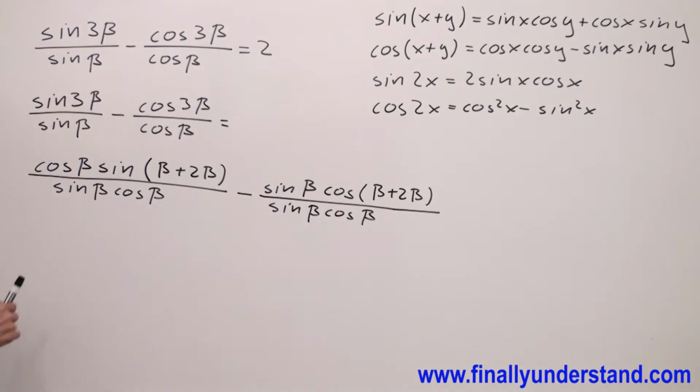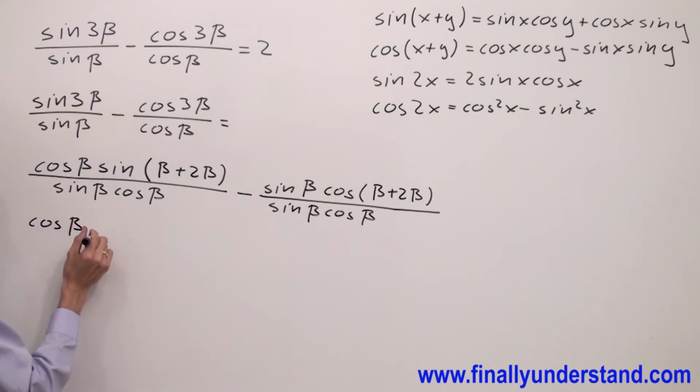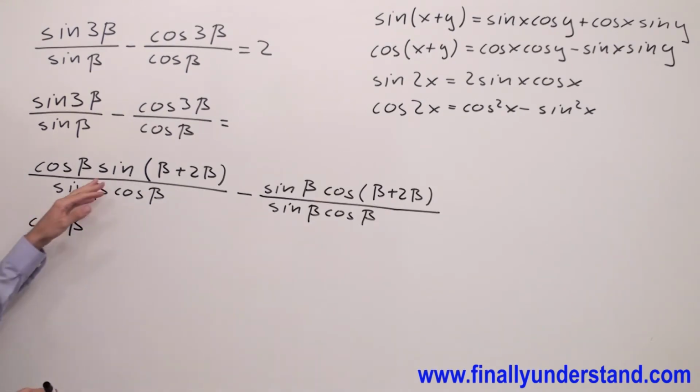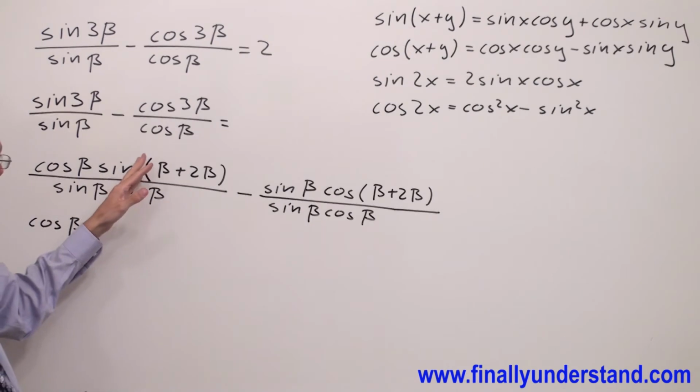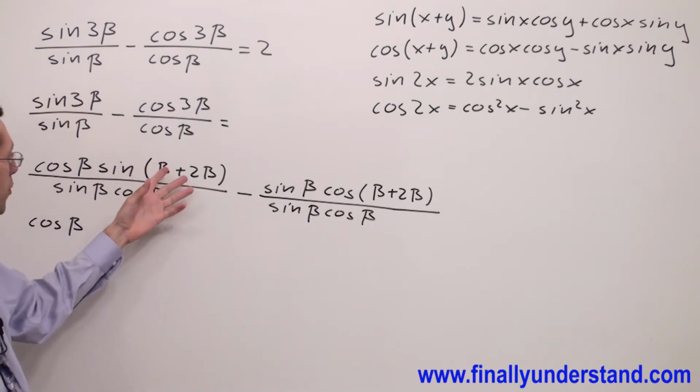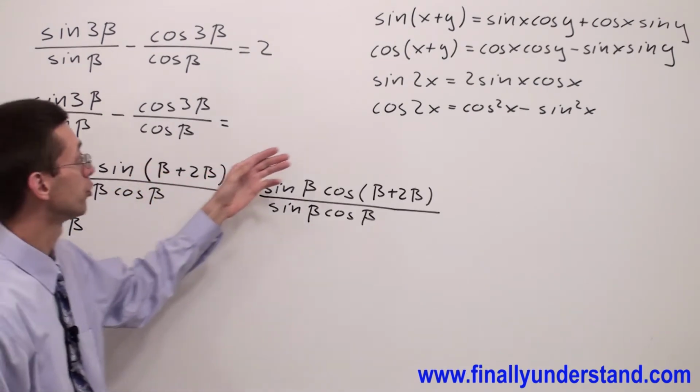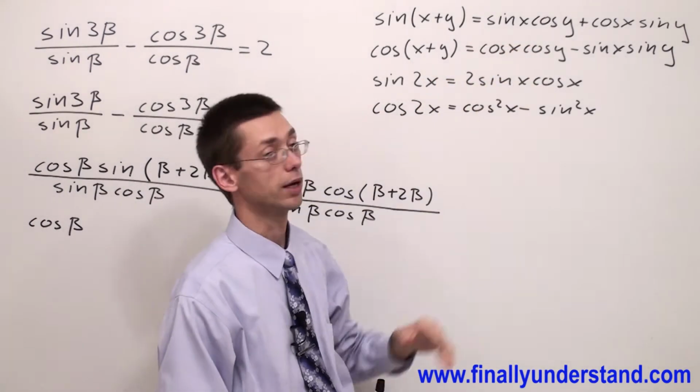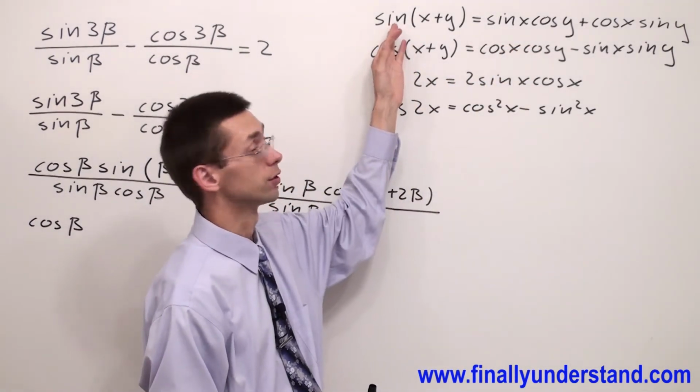Next, I'm supposed to again copy cosine beta, and instead of writing sine of the sum of two angles, I'm going to write simply the right side of this formula.